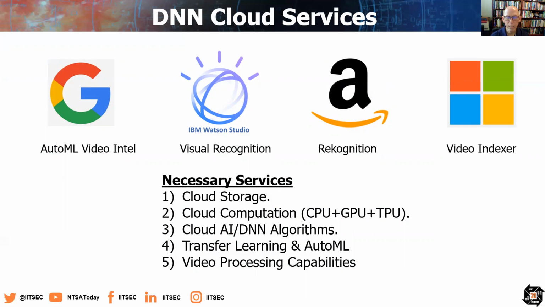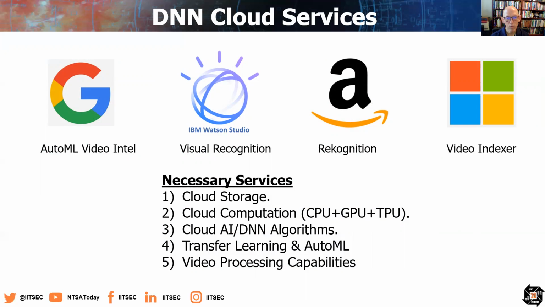From each one of those, we needed cloud storage where we could load up the videos and have them on their cloud networks. We needed cloud computation, which included CPUs, GPUs, and TPUs, which are tensor processing units. We needed cloud-based AI or deep learning neural network algorithms.